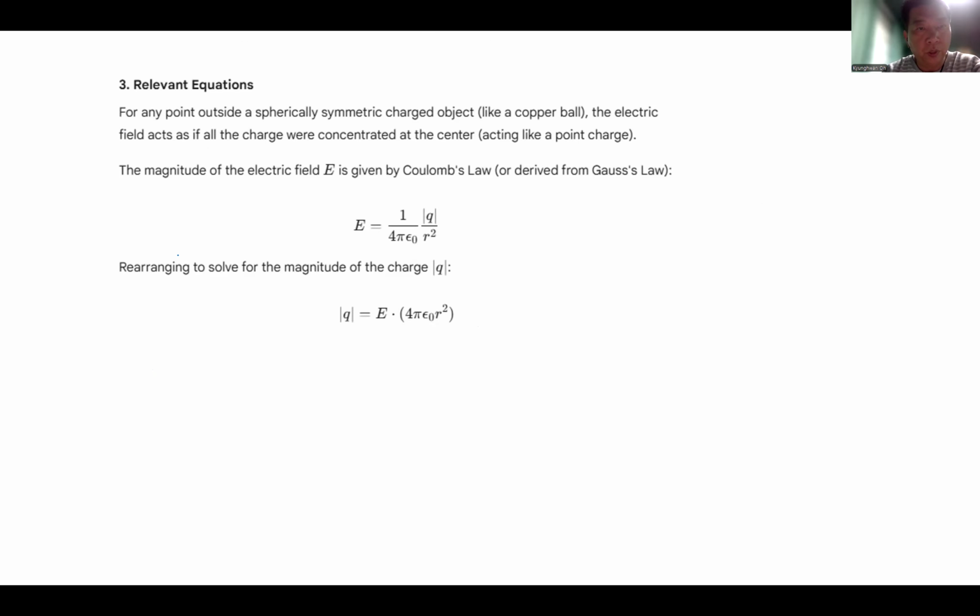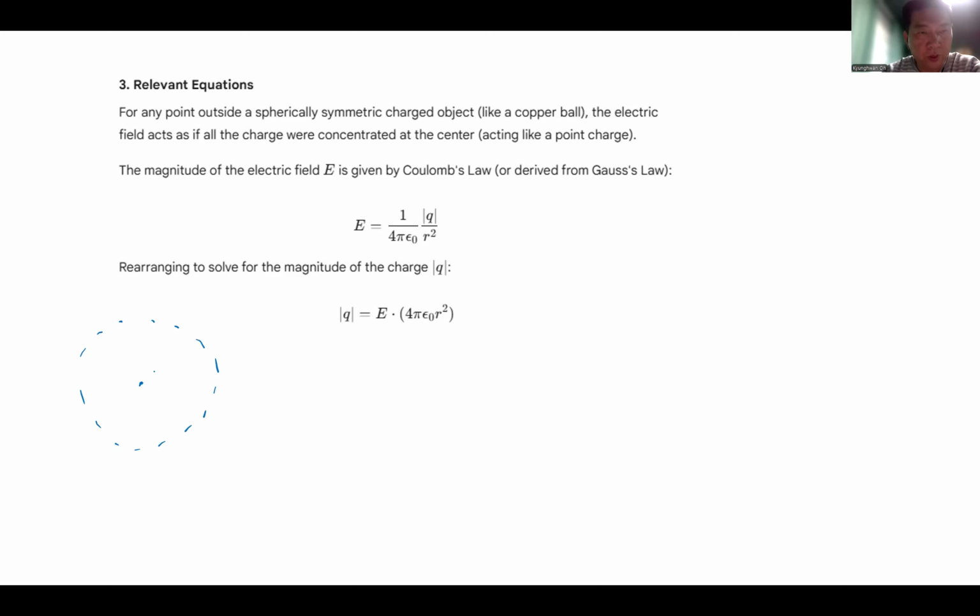And then we note that the magnitude of the electric field is given by Coulomb's law. And then we found that what is happening here is that everything inside is now reduced to a point charge at the origin. Okay, so that's the key point of the Gaussian.